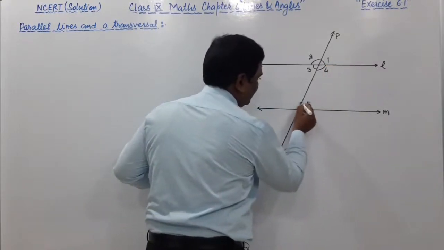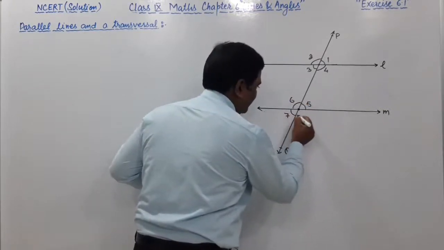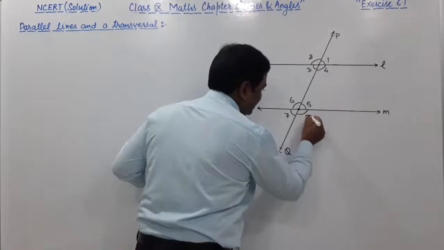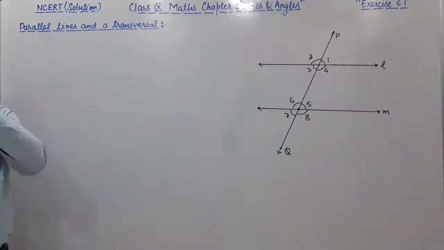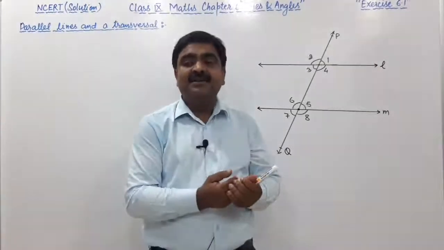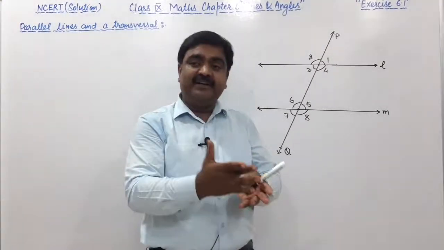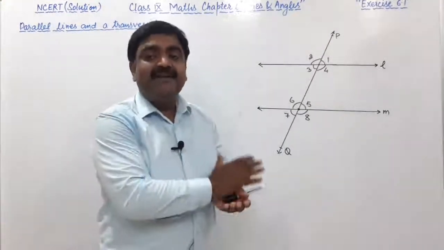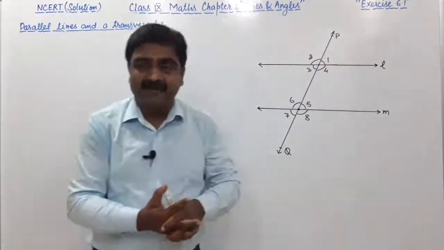Angle 5, angle 6, angle 7 and angle 8. Right? So these 8 angles we have read. इसमें हमने पढ़ा alternate interior angles, corresponding angles, alternate exterior angles, interior angles on the same side of transversal, exterior angles on the same side of transversal क्या होते हैं इसके विषय में हमने knowledge लिया.